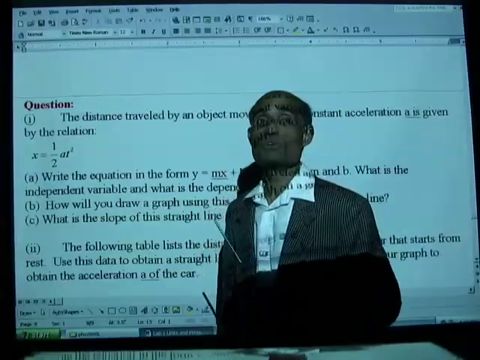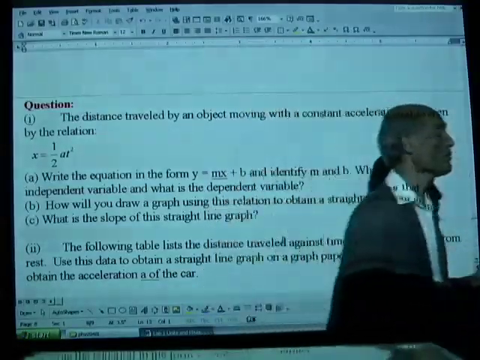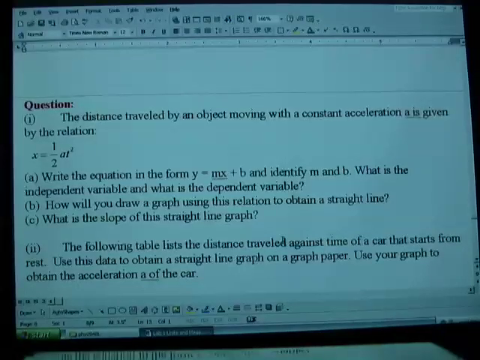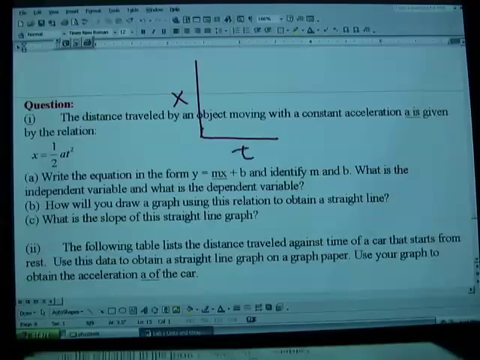That means, what kind of graph will you draw in order to produce a straight line graph? You must draw a graph of x on the vertical axis and t squared on the horizontal axis.